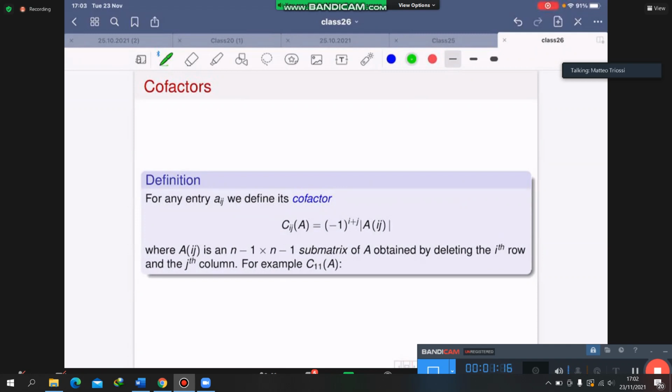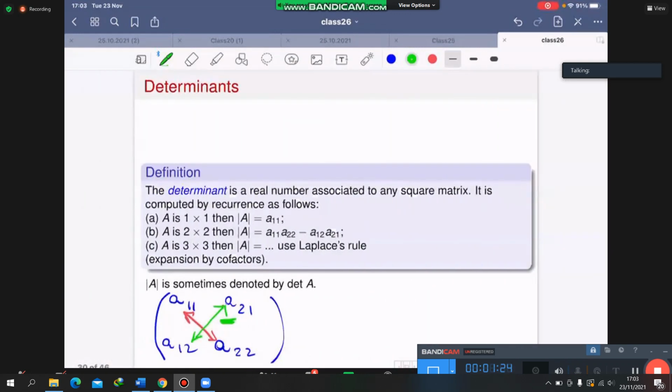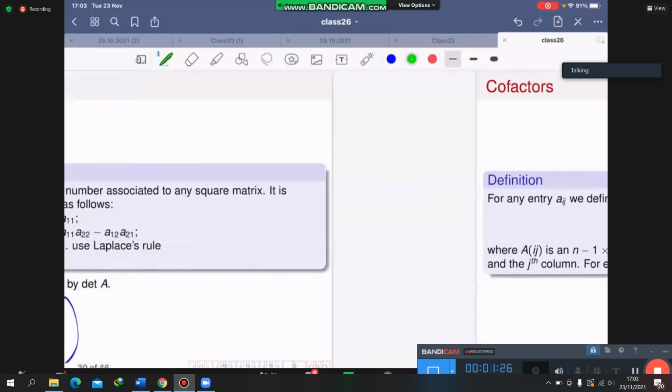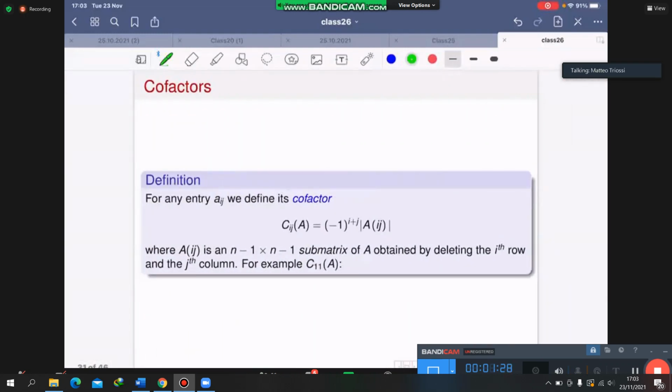So in general, what is a cofactor? More precisely, a cofactor corresponds to an entry.